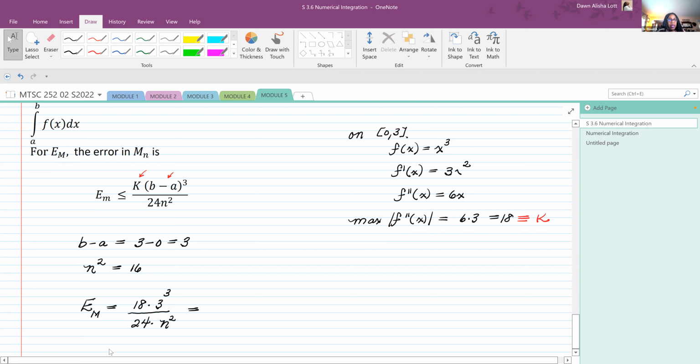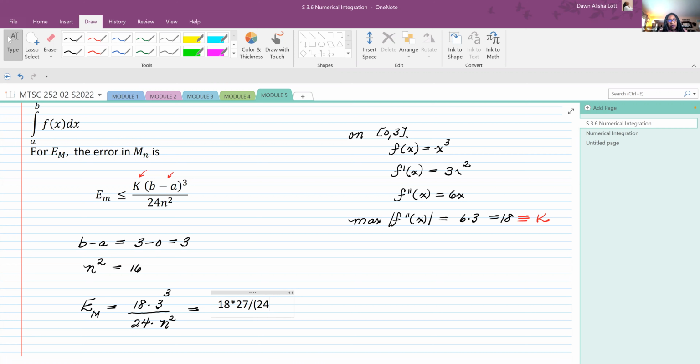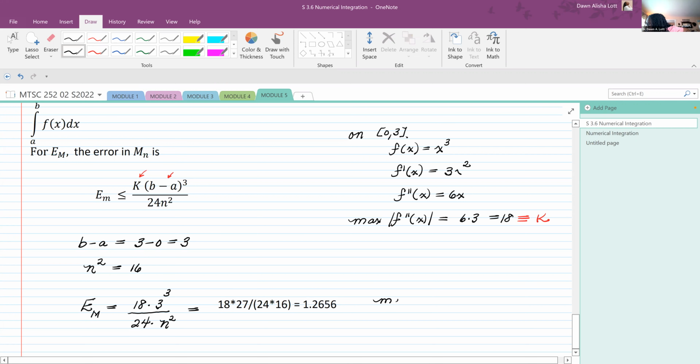Okay, so I haven't calculated that, so let's calculate that. So I get 18 times 27 divided by 24 times 16. Okay, so the maximum error is 1.2656. So this is the max error for the problem.